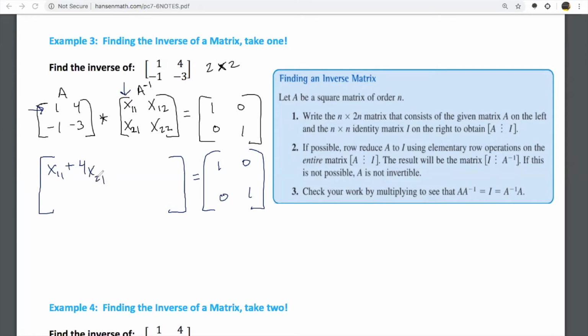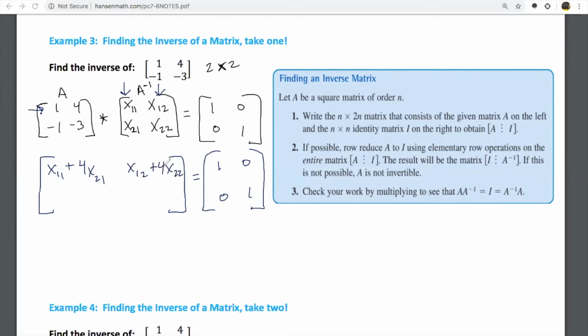Okay? So next element, now we're going to do row 1 times column 2. 1 times x12 is x12, plus 4 times x22 is 4x22. Okay?